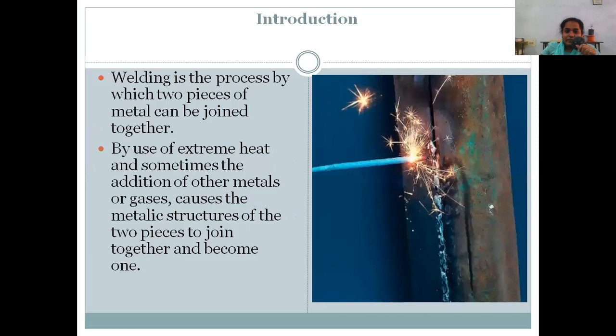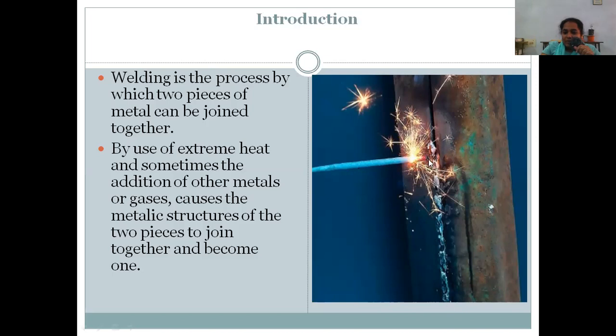So what is welding? Welding is the process by which two pieces of metal can be joined together by use of extreme heat, and sometimes the addition of other metals or gases causes the metallic structure of the two pieces to join together and become one. You can see here two metal pieces that have to be joined, and an electrode with sparking.